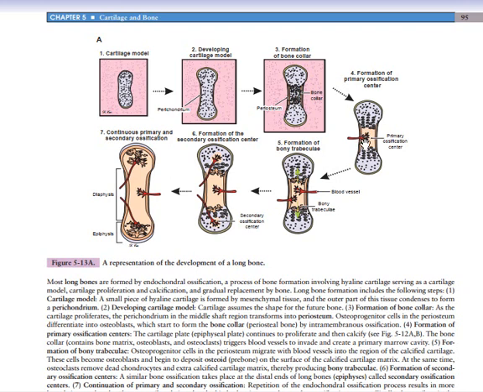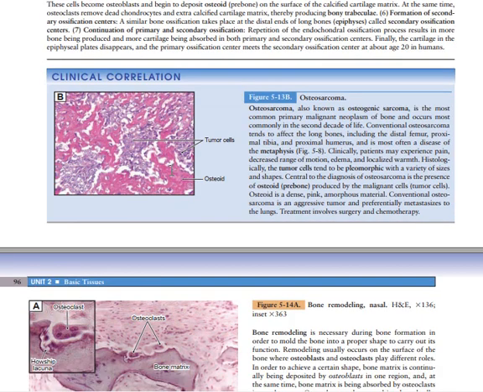When the osteoid is produced, you have the secondary ossification area. As you can see here, you also have proliferation of osteoid. After the proliferation of osteoid produced by the osteoblasts, the osteocytes are going to fully mineralize that osteoid to produce the bone matrix.